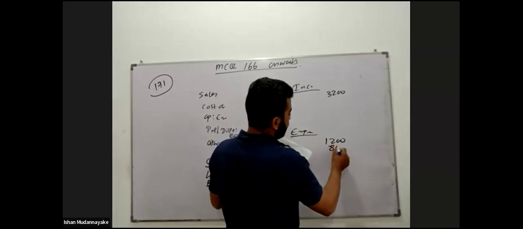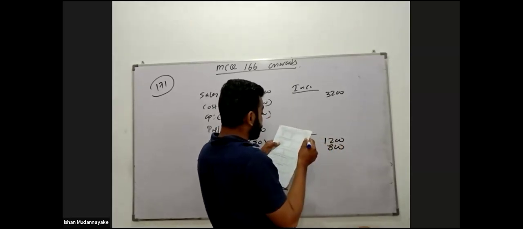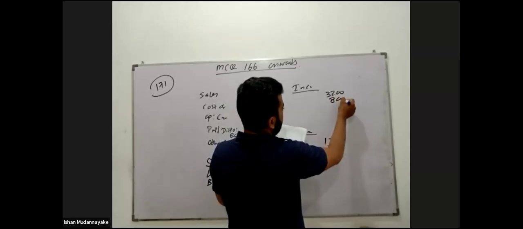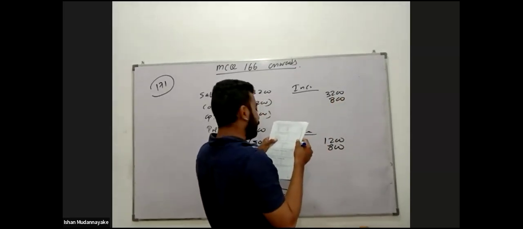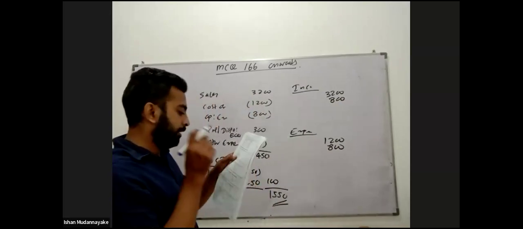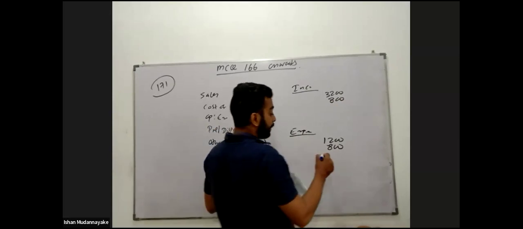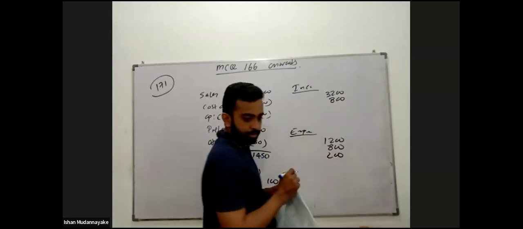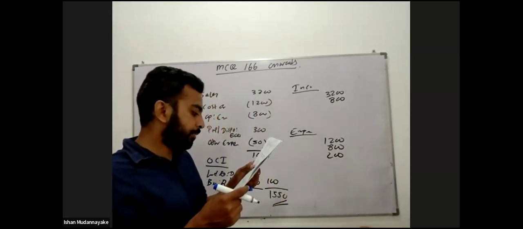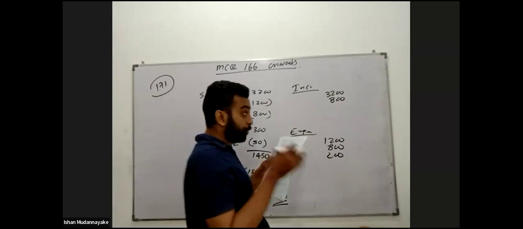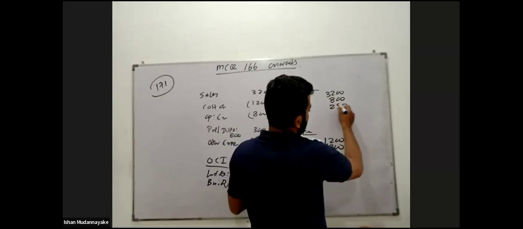Operating expense 800 expense. Equipment disposal profit income. Interim dividend paid, we can't treat as income or expenses. Land revaluation deficit we consider as expenses. Building revaluation surplus during the year 250 income.